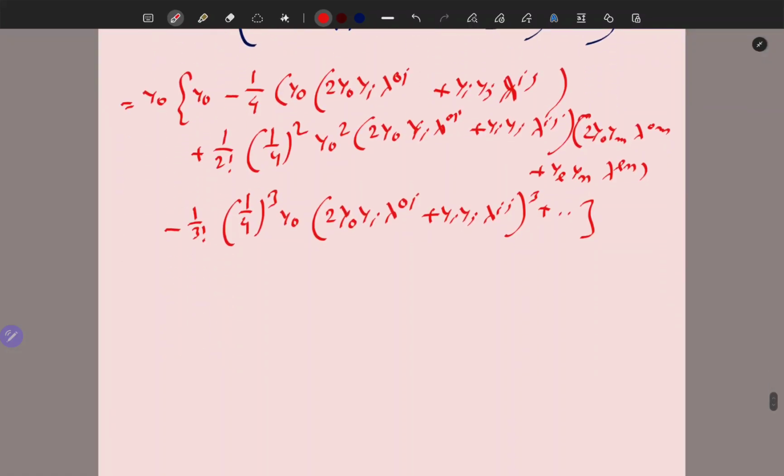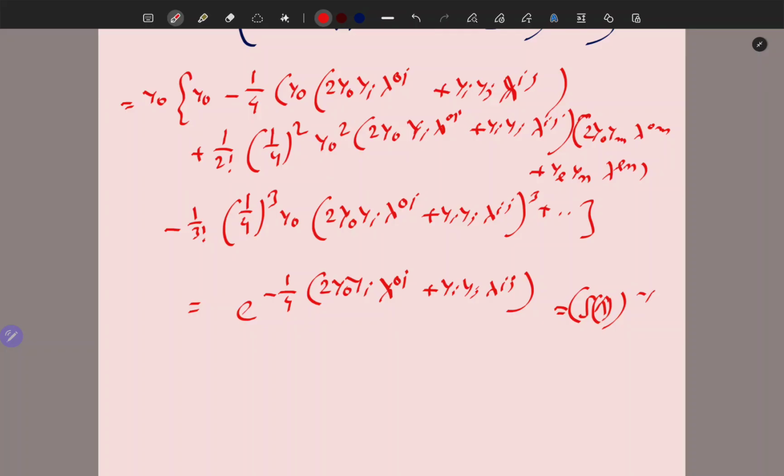That can be written as e to the power minus 1/4 [2 gamma 0 gamma i lambda 0i plus gamma i gamma j lambda ij], equal to S lambda inverse. So this is equation number 55.